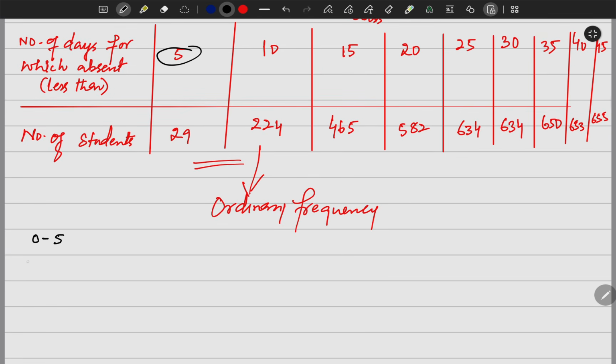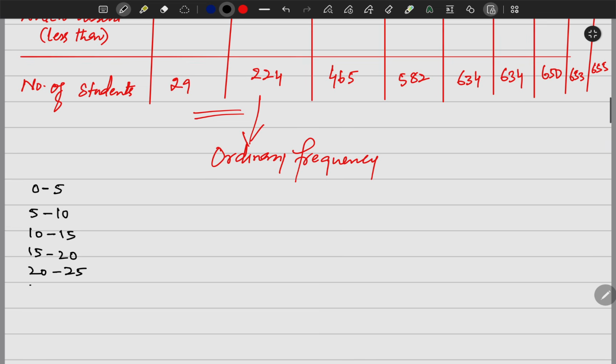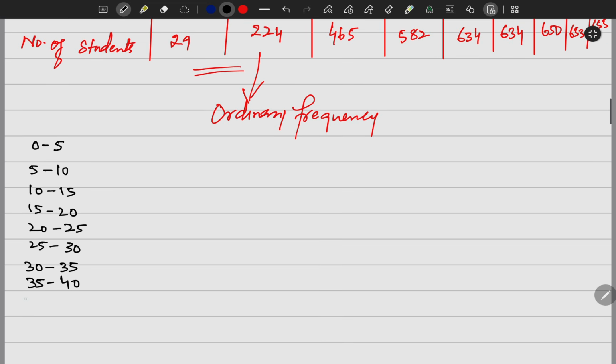Then 5 to 10, 10 to 15, 15 to 20, 20 to 25, 25 to 30, 30 to 35, 35 to 40, and 40 to 45. So we have now classes.